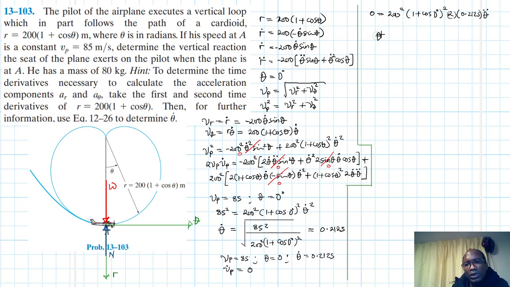Theta double dot is just equal to 0, right? Yes, this is just equal to 0.